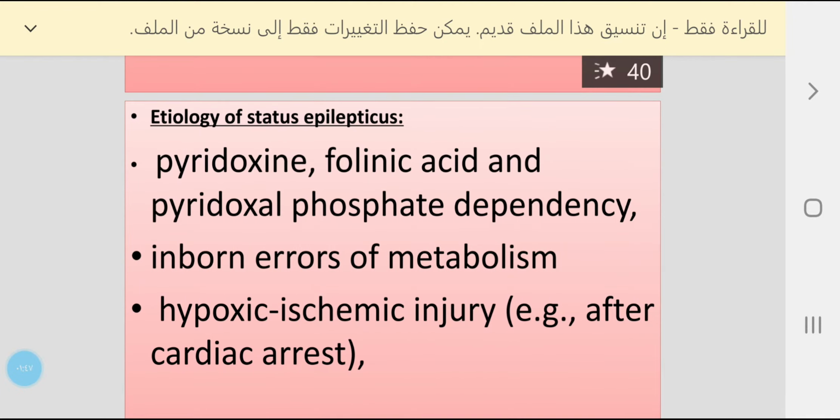Pyridoxine, folic acid, and pyridoxal phosphate dependency, inborn error of metabolism, hypoxic ischemic injury, for example, after cardiac arrest.